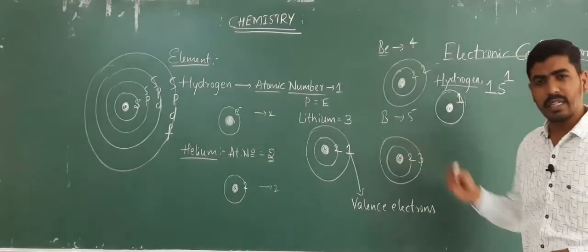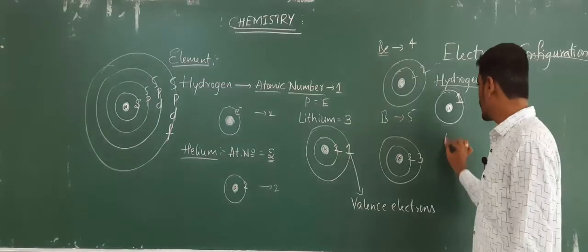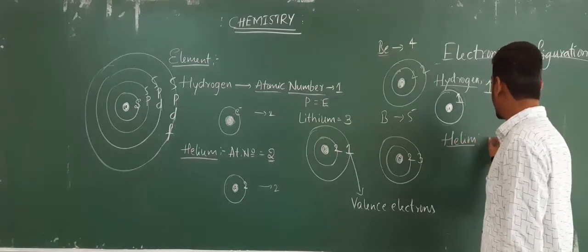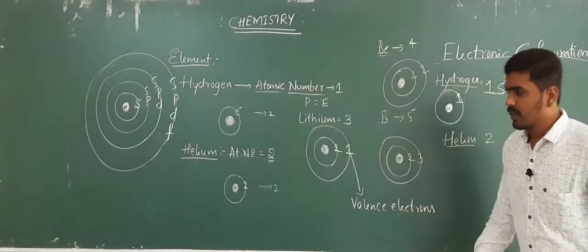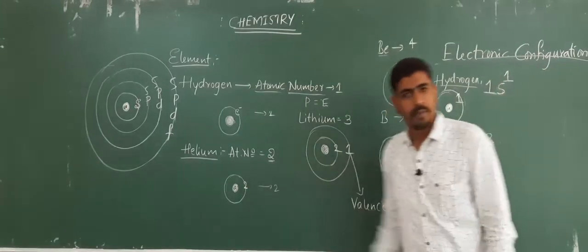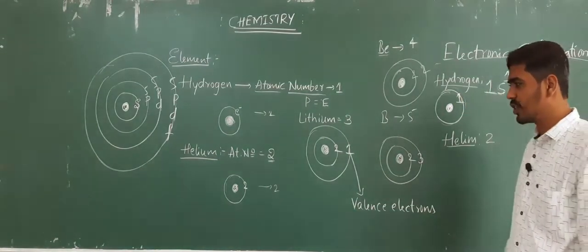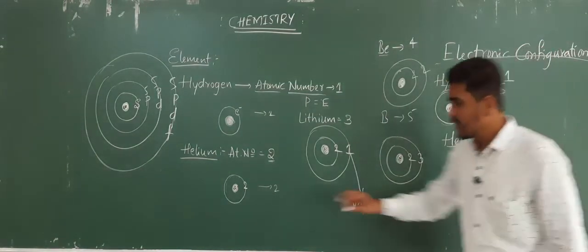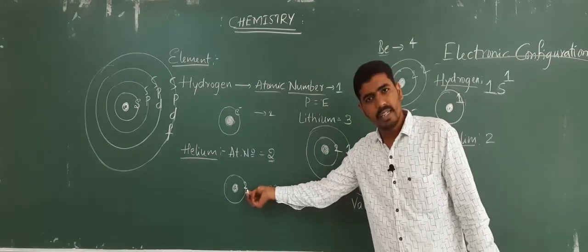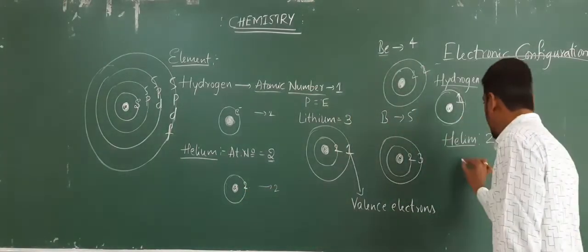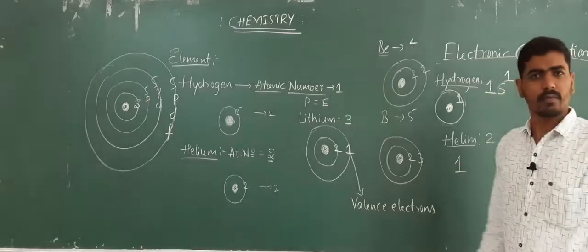Second one, consider helium. As you already know the structure, the atomic number of helium is 2. Here the structure is given. Now how can we write the electronic configuration? See here, where are the electrons? In the first shell, and hence I will write it as 1.